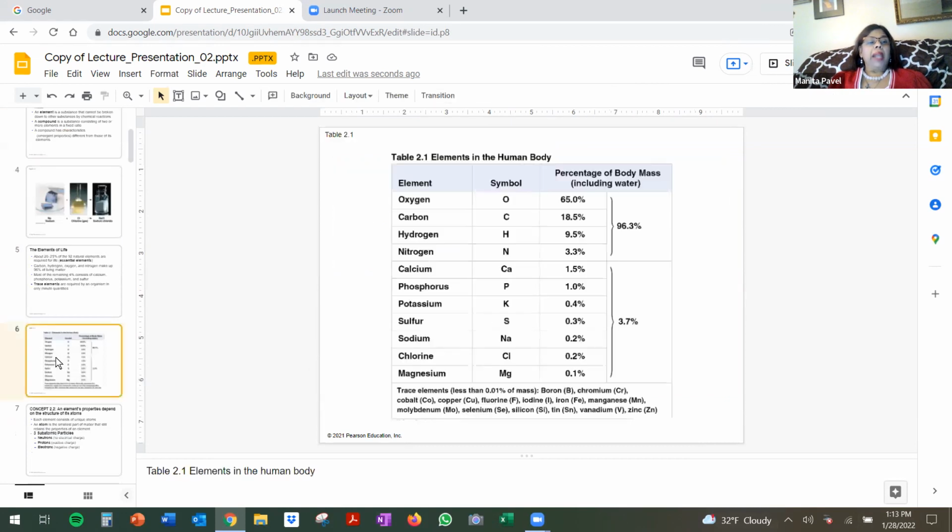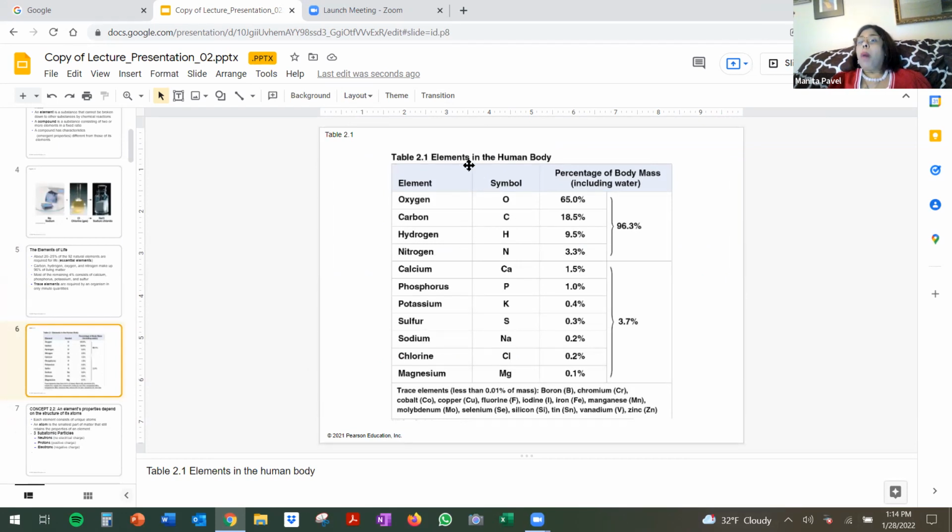If we look at slide number 6, these are the elements in the human body. And I would like you to refer to a periodic table. You can just Google a periodic table. You'll see the list of elements and the scientific notation, or what we call symbol.